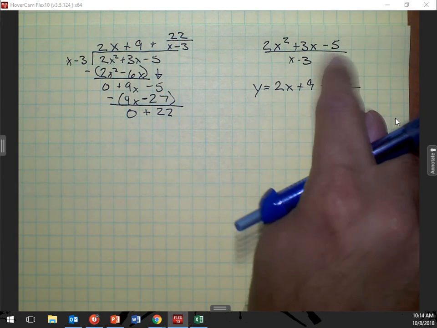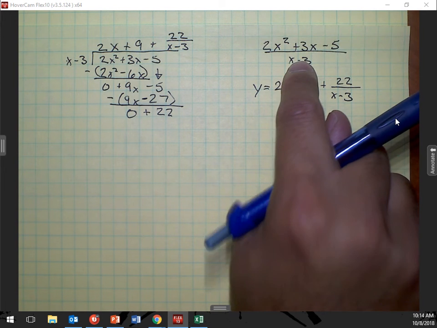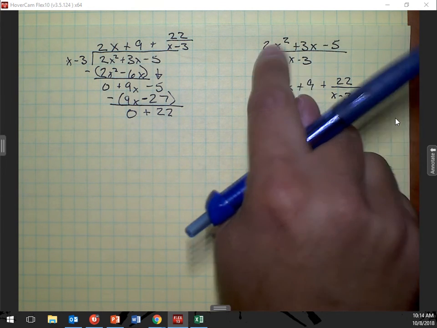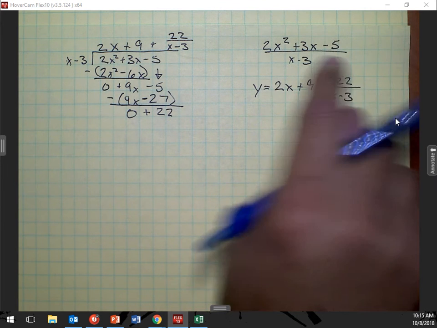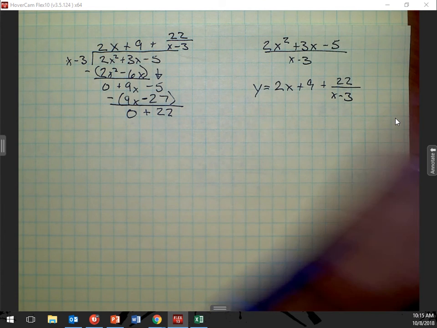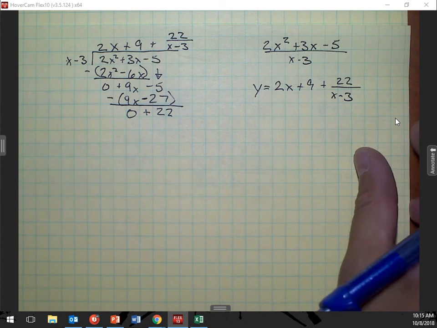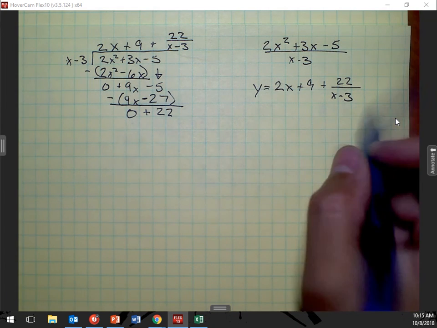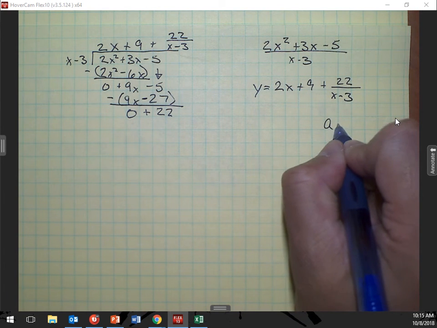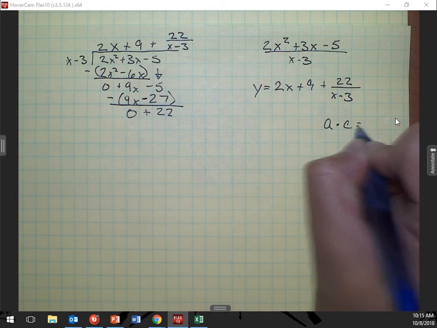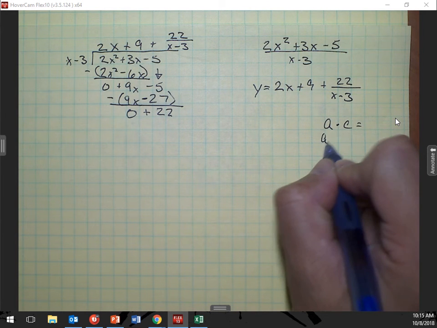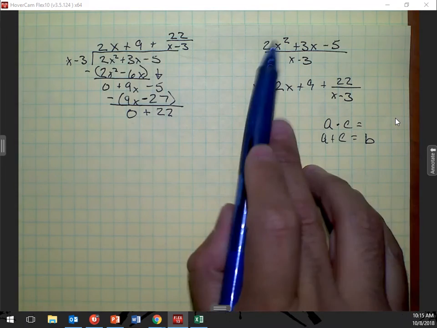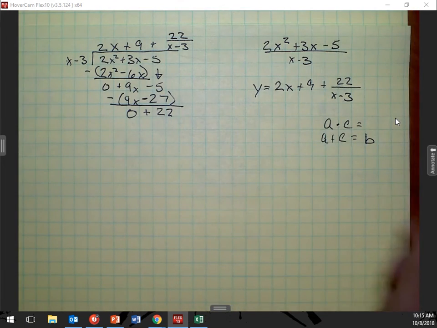Okay, can I factor that? There should be one right here, right? To figure out the vertical asymptotes, we have to factor this. I don't know what method you guys do, because every time I do this, it's wonky for most people. So I do the AC method. A times C equals some number, then A plus C has to equal the B. A times C is going to give me negative 10.